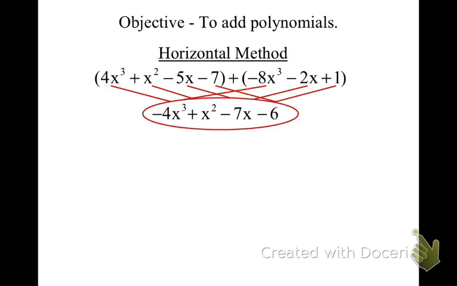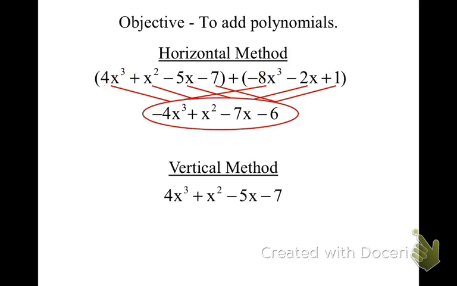Okay, the vertical method, I don't usually use this because it's a little bit more work. I write down the first polynomial, and then I take each term, negative 8x to the third, and I write it directly underneath.